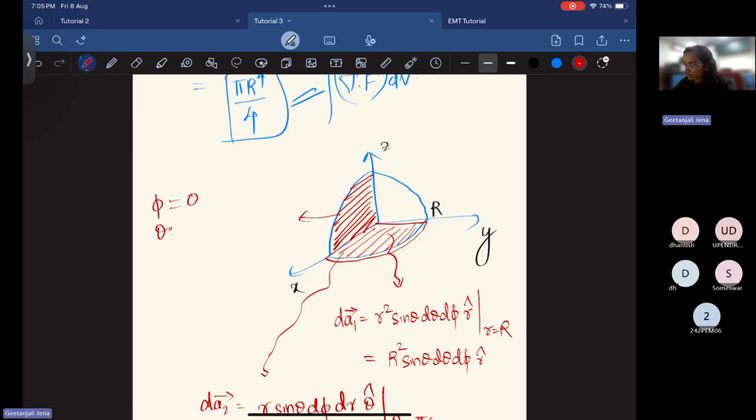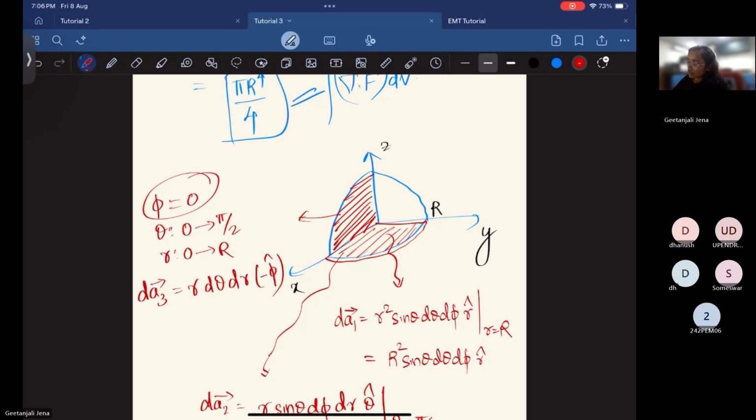Theta is changing from 0 to pi by 2, and r is changing from 0 to R. So the area element for this one should be in the direction of the parameter which is constant, which is phi. So in the phi direction, we have r d theta dr, minus phi. Phi is in this direction, that is why we have taken minus phi for this surface.